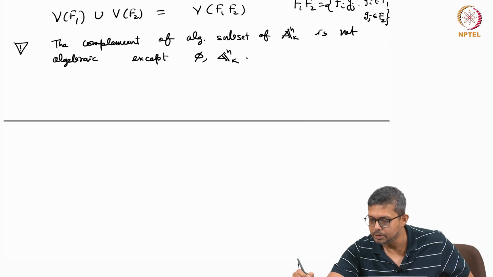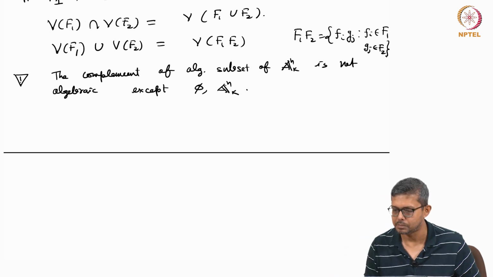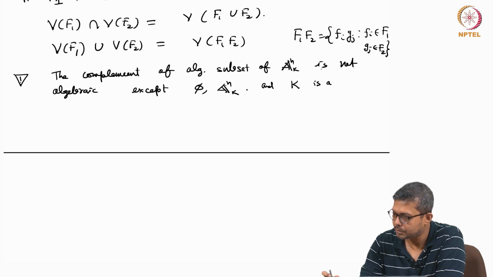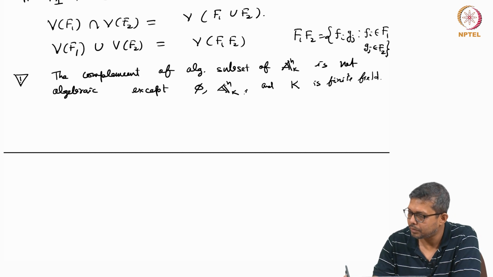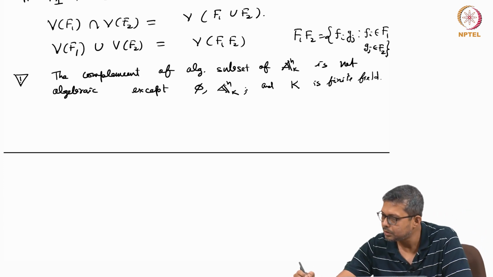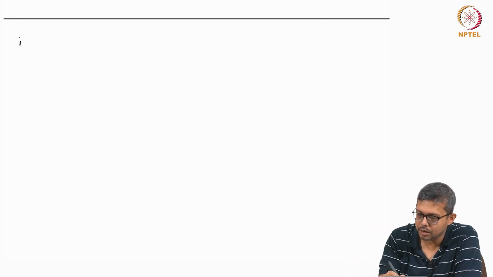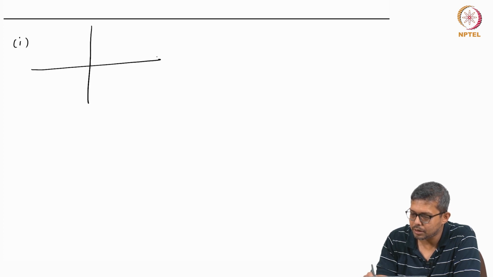Okay, some more examples. Suppose this is the T1 axis and this is T2.